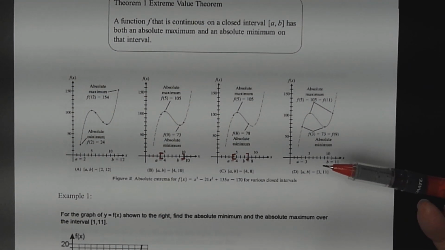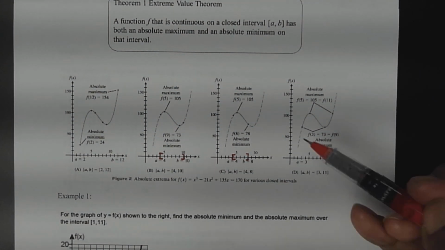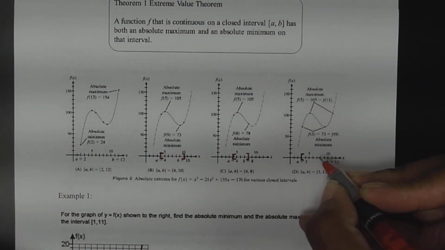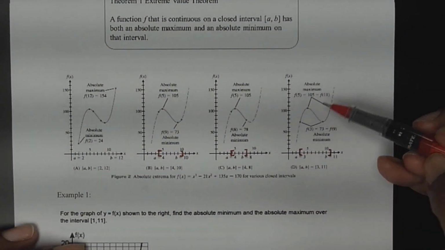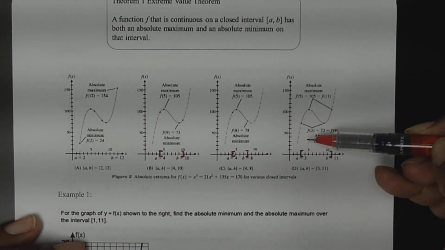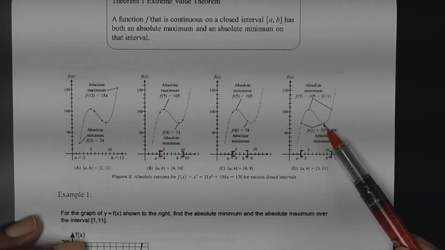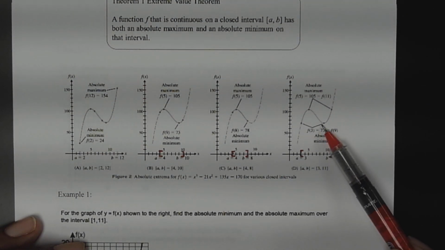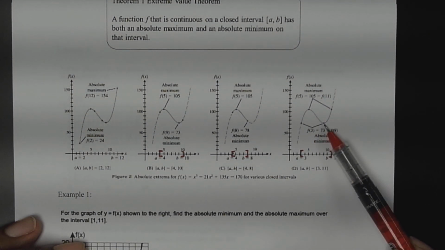And then the last one on the right-hand side, we're restricting it from 3 to 11. Here's 3, and here's 11. You can see where your absolute minimum is. You have 2 of them. They occur at x equals 3 and at x equals 9.